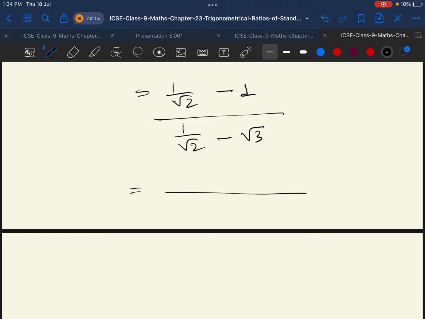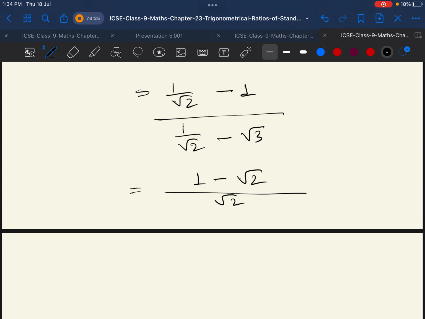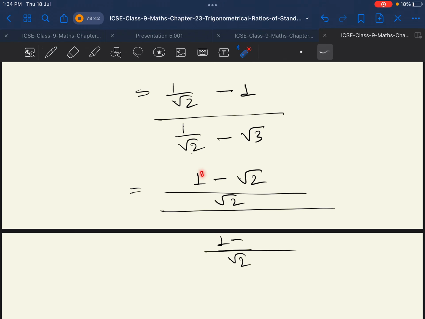Okay, so here the LCM is root 2. So root 2 by root 2 is 1, 1 into 1 is 1, minus root 2 into 1, this will be root 2. By LCM root 2 into root 2, root 2 by root 2 is 1, 1 into 1 is 1, minus root 2 into root 3.